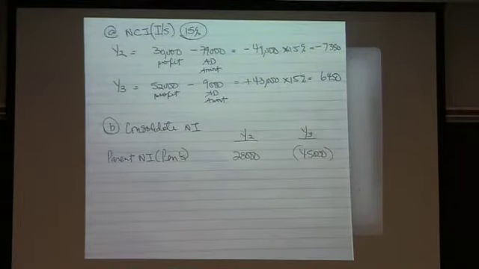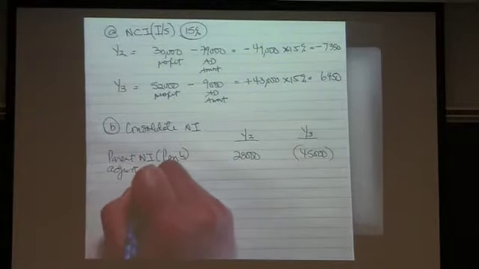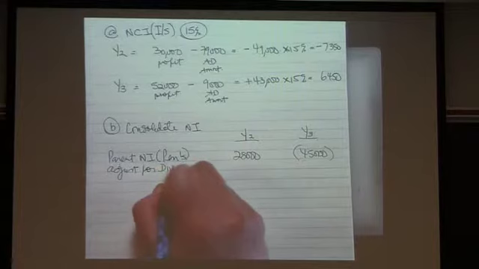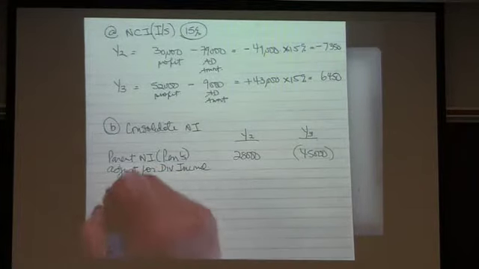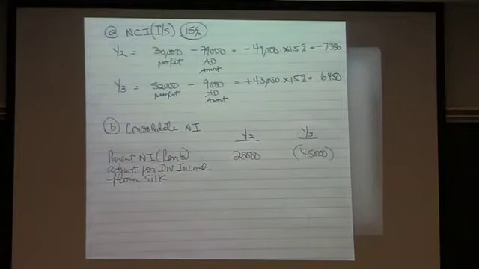Now, we're told that they used the cost method, which means that we need to adjust for dividend income from Silk. Because under the cost method, they would have adjusted Penn's income by recording the proportionate share of dividends.